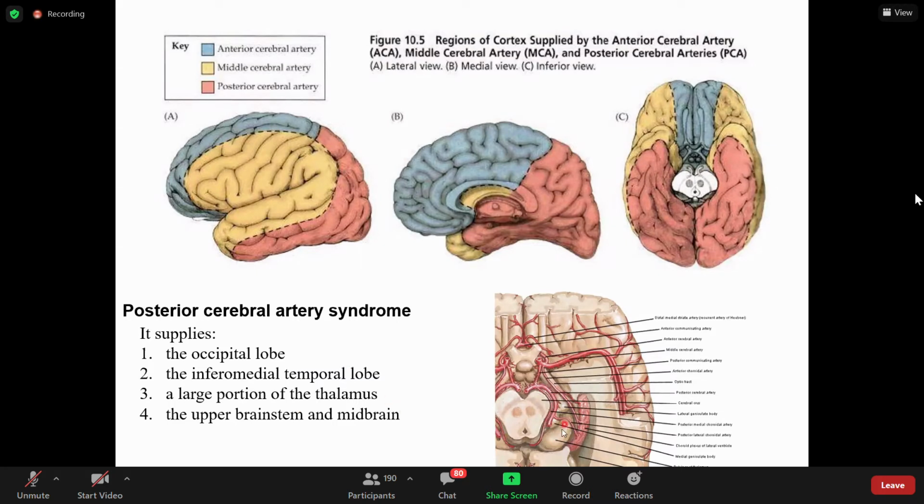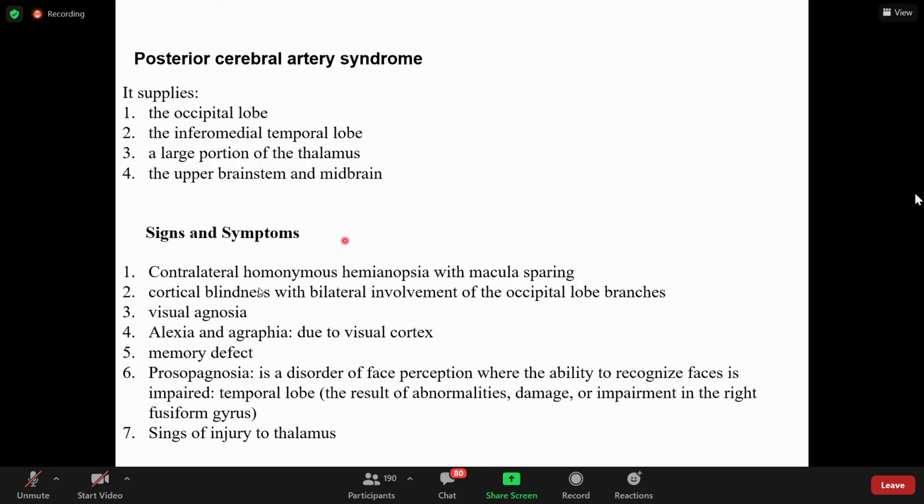right? The lenticulostriate branches. It's going to go to the thalamus, and of course, it goes around the midbrain, so it's going to supply the upper part of the brainstem and the midbrain. So signs and symptoms: if you damage or there is an occlusion of the posterior cerebral artery, you're going to have contralateral homonymous hemianopsia, but sparing the macula.